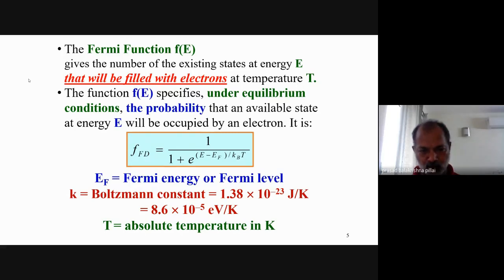Actually, during our MSc we derived all these things in our masters in physics: the Maxwell distribution law, the Fermi-Dirac distribution law, and the third one, Bose-Einstein.